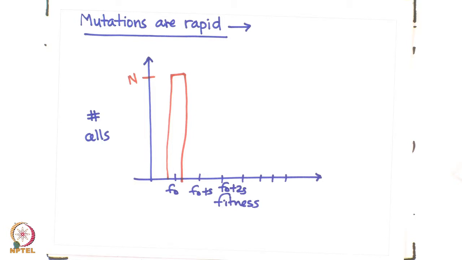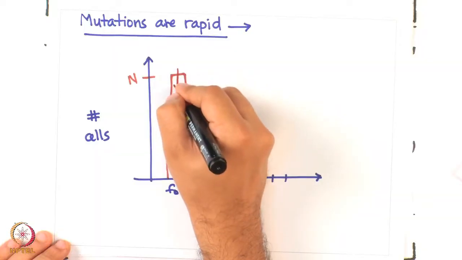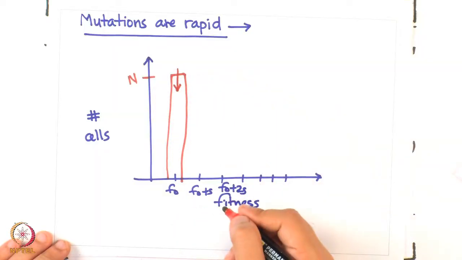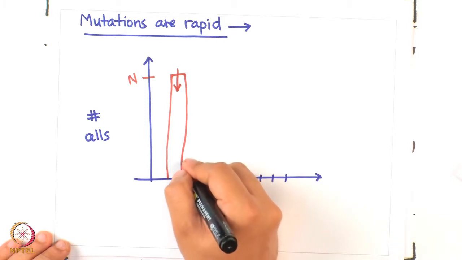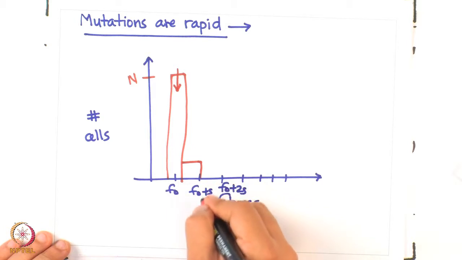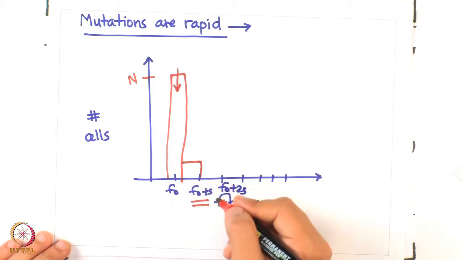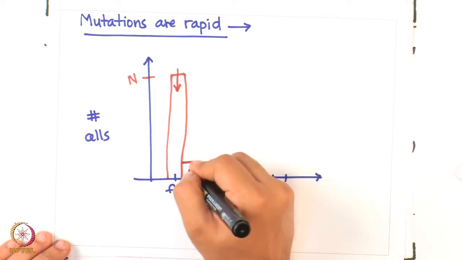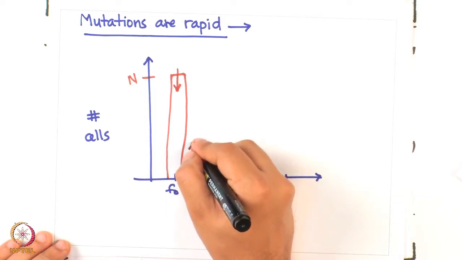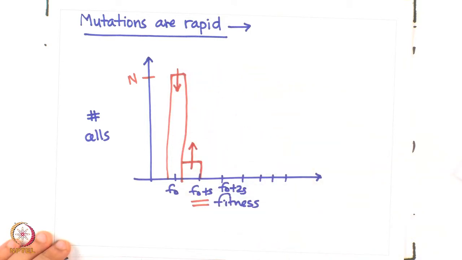mutations are going to keep on happening, and some of them will be lost because of drift, but one mutation will eventually get established. When that happens, the number of individuals which correspond to fitness F0 will come down, and you will have some number of individuals which correspond to a fitness of F0 plus S. And now because this mutation has gotten established, the numbers associated with this particular genotype will increase, and numbers associated with the parent genotype will decrease.